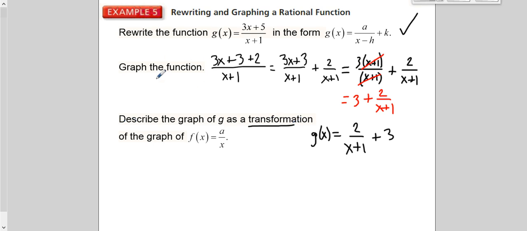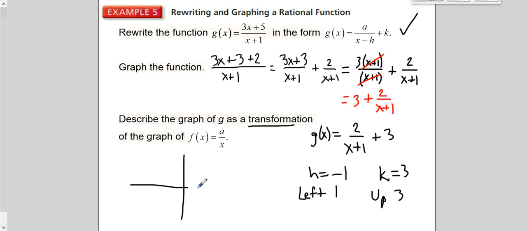So let's talk about the transformations. That'll help us make a sketch of a graph. So our h, x minus h is -1. That means that's a horizontal shift left 1. And then our k tells us the vertical shift, k is 3. So that's up 3.